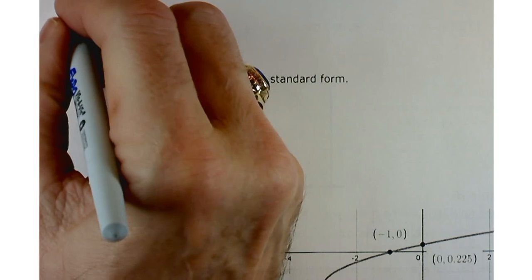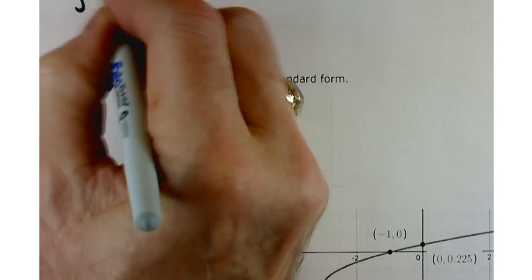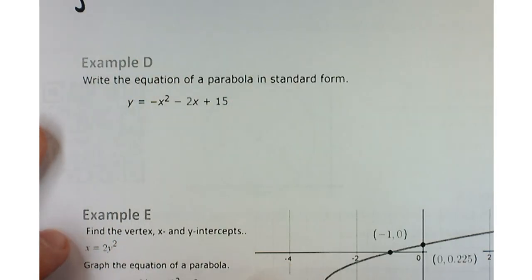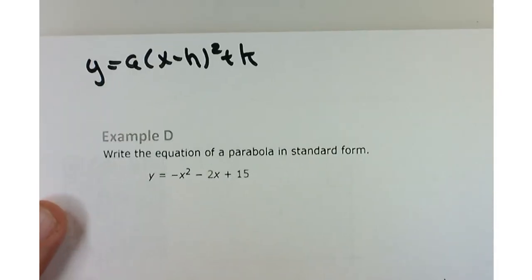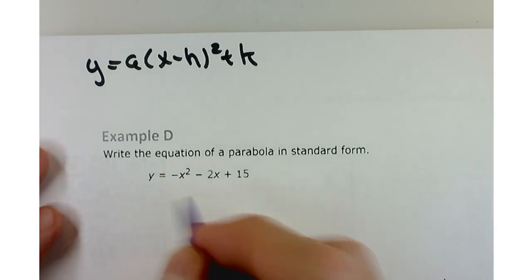It'd be nice if it was in this form: y equals a times x minus h squared plus k. And it doesn't bother me if a is positive or negative, h is positive or negative, or k is positive or negative, as long as it's in that form.